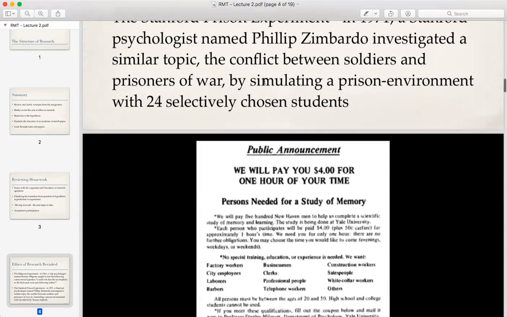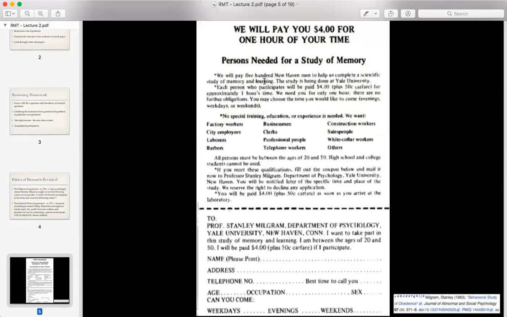But carrying on, this is the actual article that Milgram published in a newspaper looking for subjects. But he cleverly didn't say what he was actually studying. He said that persons were needed for a study of memory. So he didn't want the people participating to know what was actually going on.